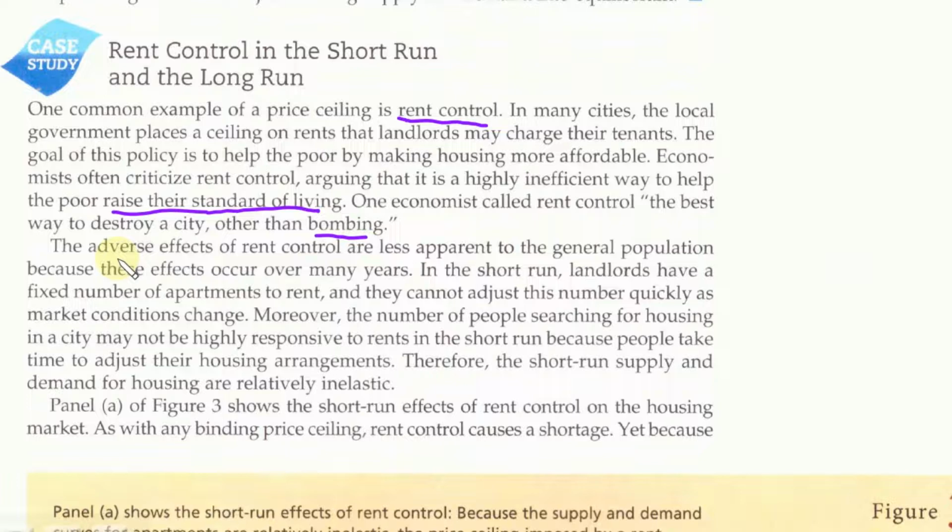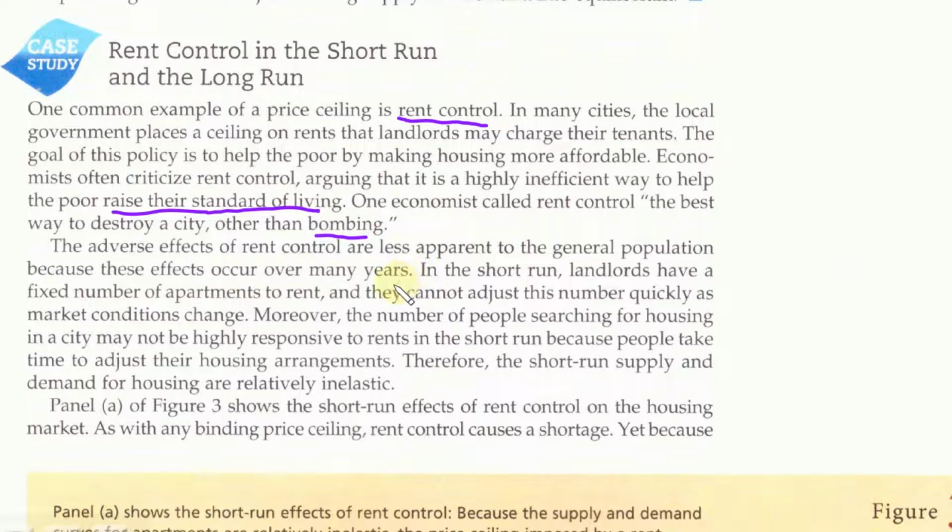The adverse effects, the side effects, the wrong effects of rent control are less apparent to the general population because these effects occur over many years. Okay, they do not appear in a short time.